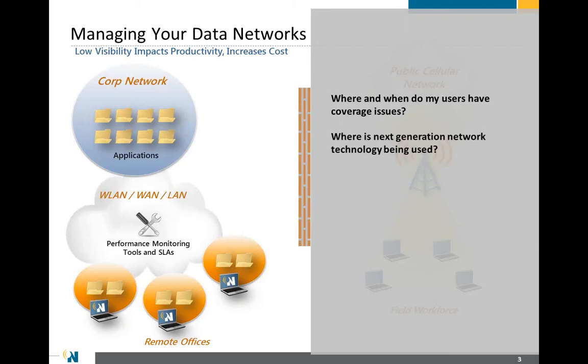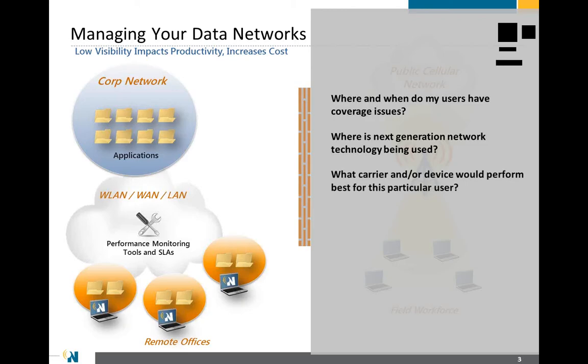The other question that comes up is, what about next generation technology? As you invest in, say, 3G and 4G type networks, you get a whole bunch of new air cards. Are you actually getting that type of technology? Or is it that the location they're in, there are no towers there for them, or it's so saturated they can't negotiate that type of technology? You want some real data to understand what is really happening out there.